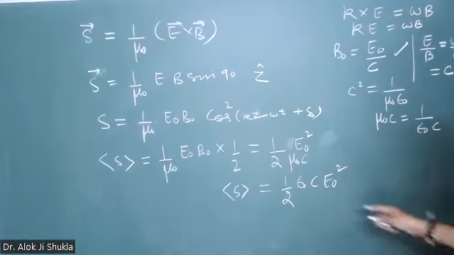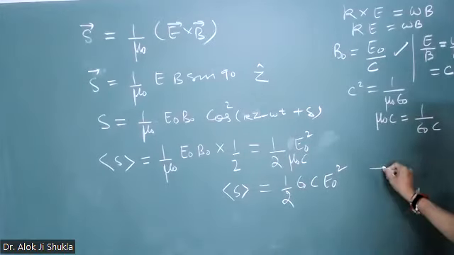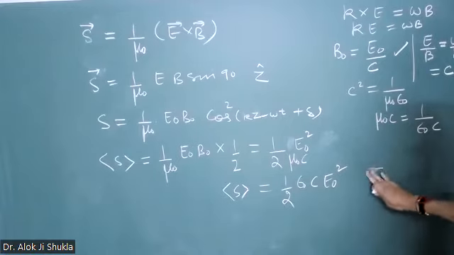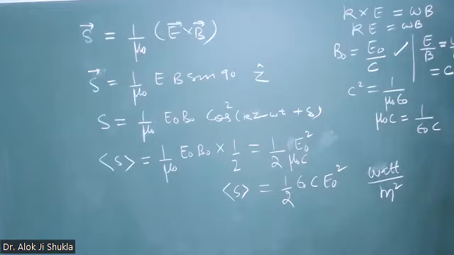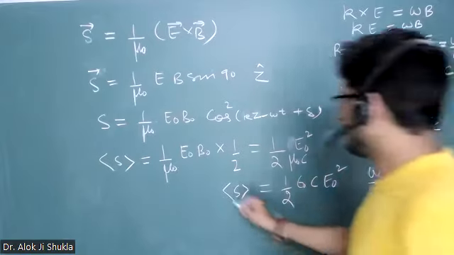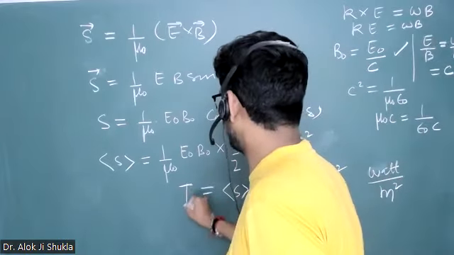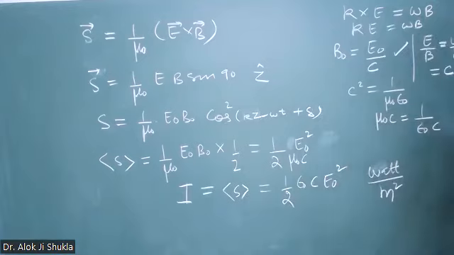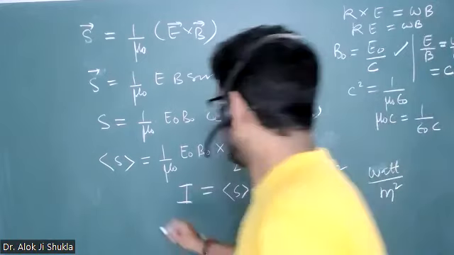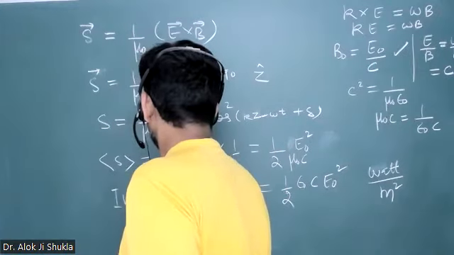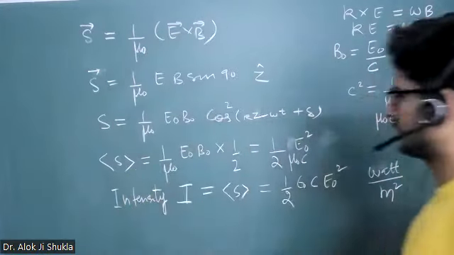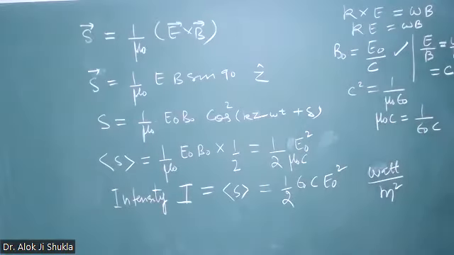And you know what is the dimension of the Poynting vector? Watt per meter square. This is also known as intensity. So this is the average value of the Poynting vector.